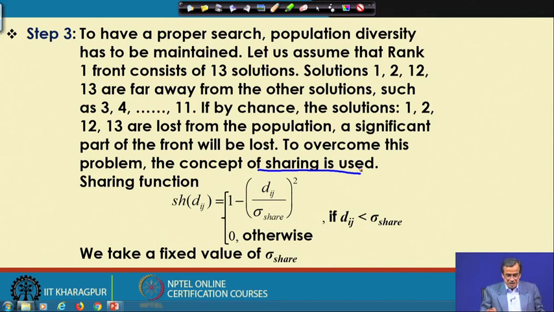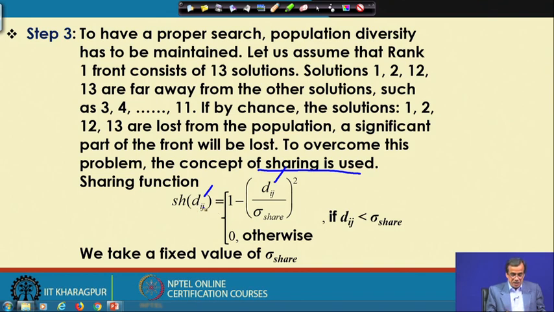To implement the concept of this sharing function, we take the help of the Euclidean distance. So, we try to calculate the Euclidean distance between the 2 points i and j, that is denoted by d_ij, and once we know this Euclidean distance using this expression, we can find out what should be the sharing between the 2 points i and j, that is denoted by sh(d_ij).